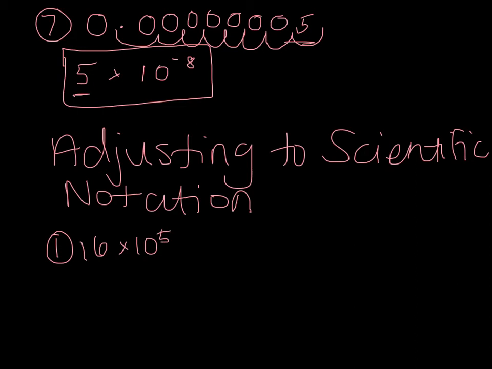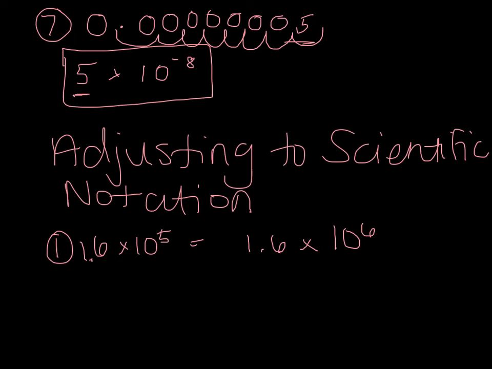We know that's wrong because we can only have one number in front of the decimal point. I need my decimal point to be here, so really that needs to be 1.6 times 10. I moved it back 1, so that means I need to multiply by 10 to the 6th power.